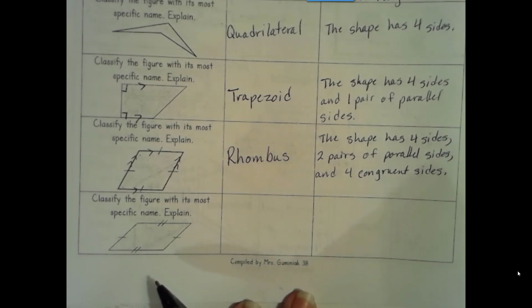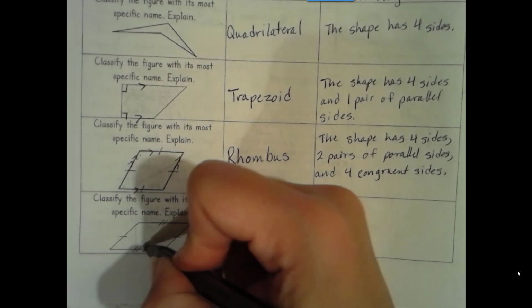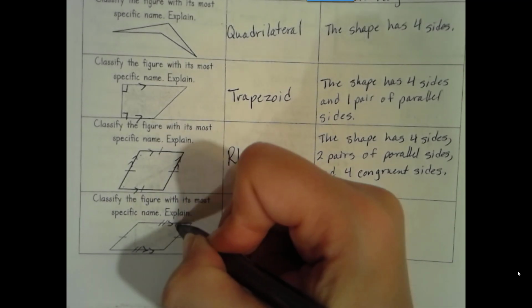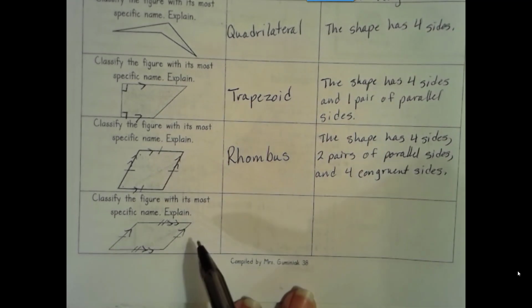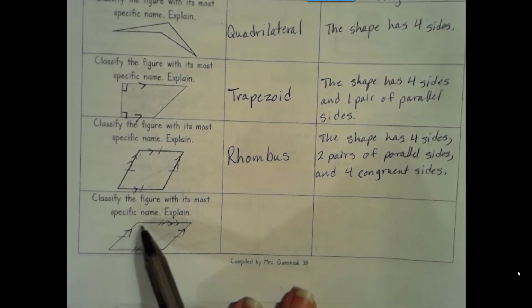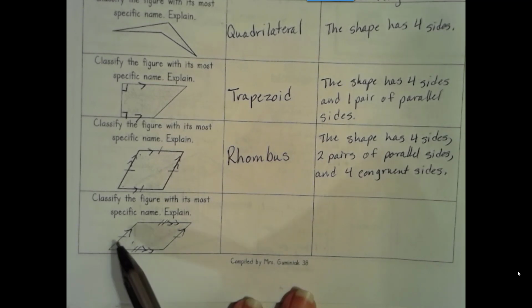Okay, this last one, we have 1, 2, 3, 4 sides, so it is a quadrilateral. We have opposite sides are parallel. If I extend them out, they will not cross. They're an equal distance apart, both pair. But not all 4 sides are equal in measure. These 2 sides are, and these 2 sides are. So it's not a rhombus. And I do not have right angles, so it is not a rectangle. I have 2 obtuse and 2 acute.